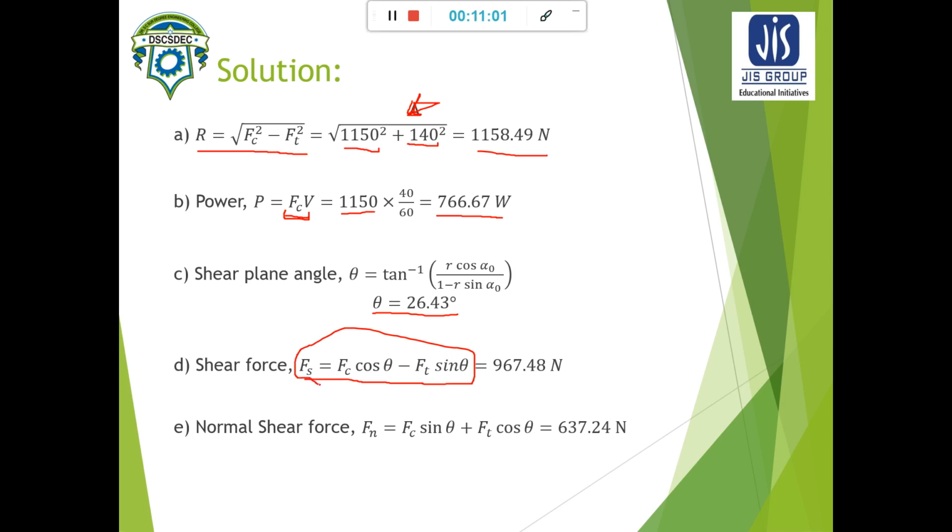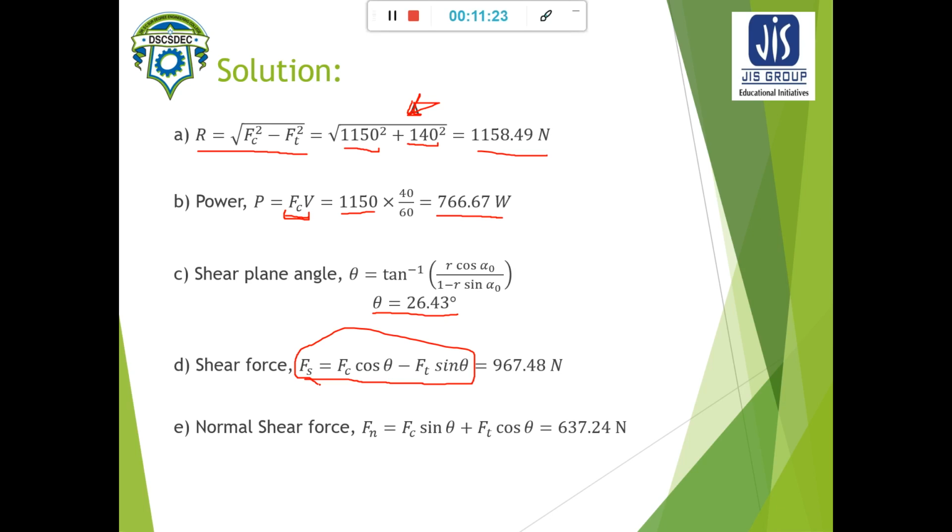So you have to remember those four formulas from the Merchant circle diagram. Minimum those four formulas should be remembered: the formula for F, formula for N, formula for Fs, and formula for Fn. Along with that, the Merchant first angle relationship. What is the Merchant first angle relationship?